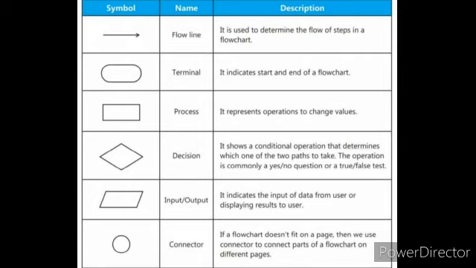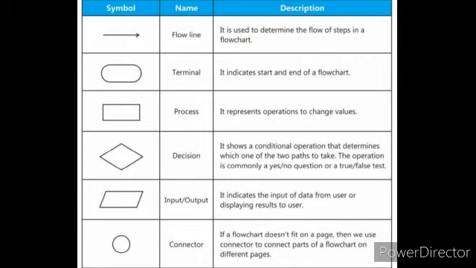The first symbol is an arrow and the symbol name is flow line. It is used to determine the flow of steps in a flowchart. The second symbol is a rounded rectangle and the symbol name is terminal. It indicates the start and end of a flowchart.